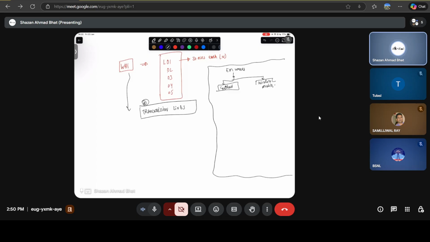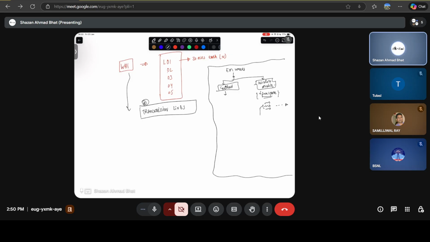And wireless is mostly in free space, when the electromagnetic wave just propagates in free space. So let's say you have an antenna and you are propagating the electromagnetic wave in free space, and it goes in all possible directions. That is wireless media.